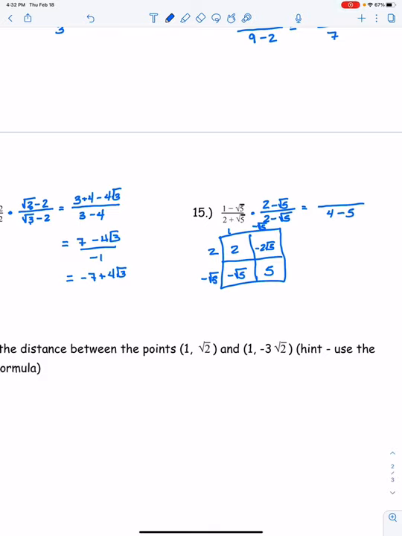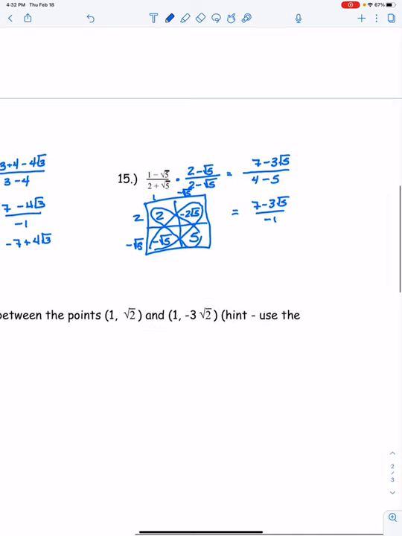I'm going to combine my like terms. I have 2 plus 5, which gives me 7. I have negative square root of 5 and negative 2 the square root of 5, which gives me negative 3 the square root of 5. Okay? We're going to do a little math. I end up with 7 minus 3 the square root of 5 over negative 1.